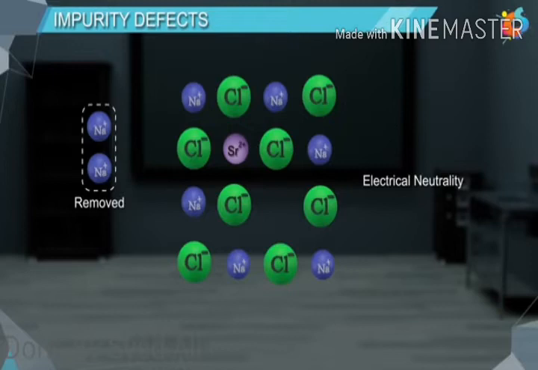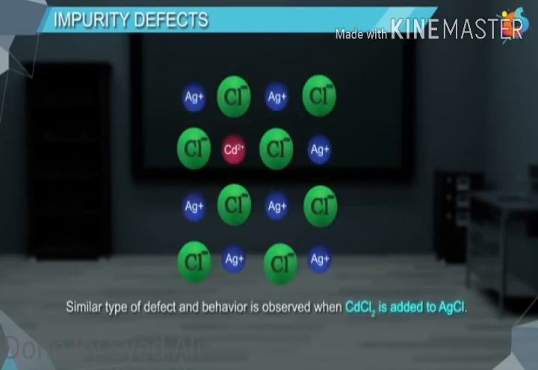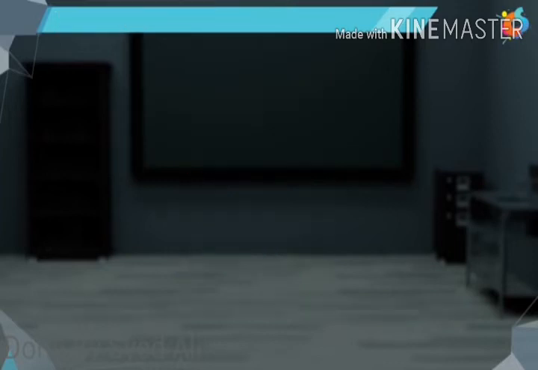For every Sr2 plus ion, two Na plus ions are removed to maintain electrical neutrality, which also creates a cationic vacancy. Similar defects and behavior are observed when cadmium chloride is added to silver chloride.